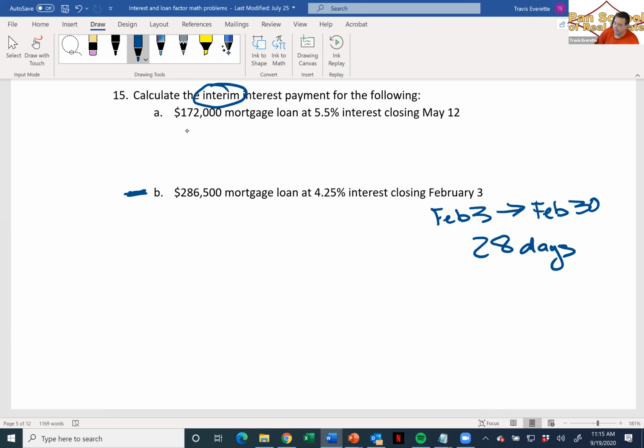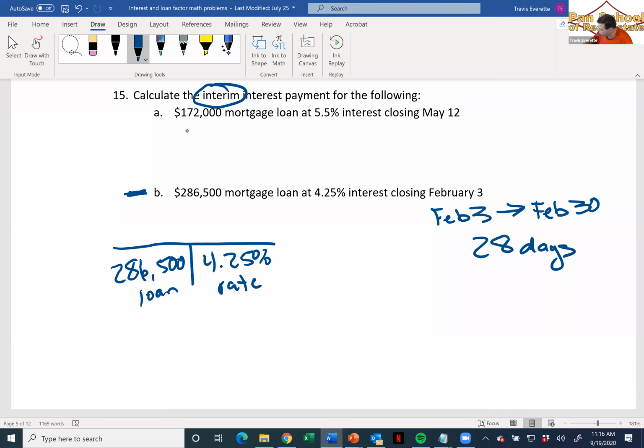So what they're really asking us is how much is 28 days of interest on this loan? Once we know that, we're pretty much home free, because we know interest on the loan is always the loan balance times the interest rate of 4.25%.